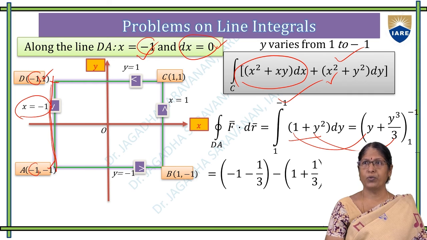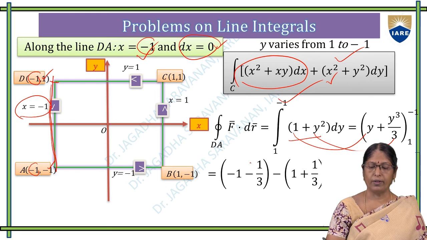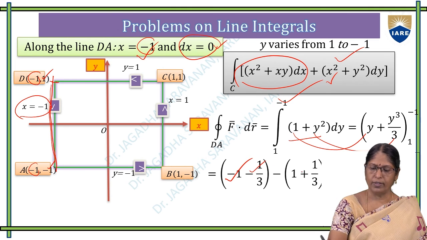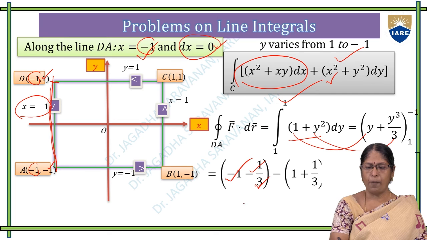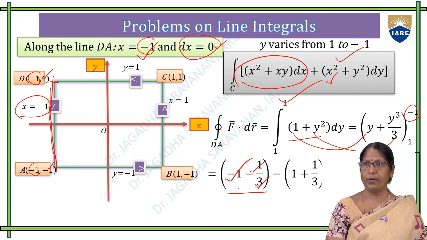So we are going to substitute in the place of y the upper limit value minus 1. Minus 1 the whole cube is minus 1, and the 3 is as it is. Upper limit, the value minus 1, work is completed.